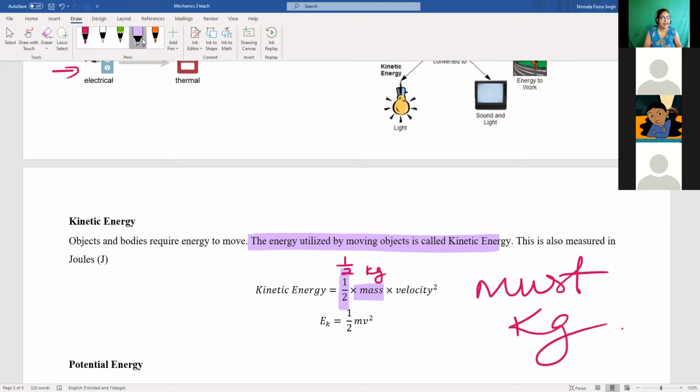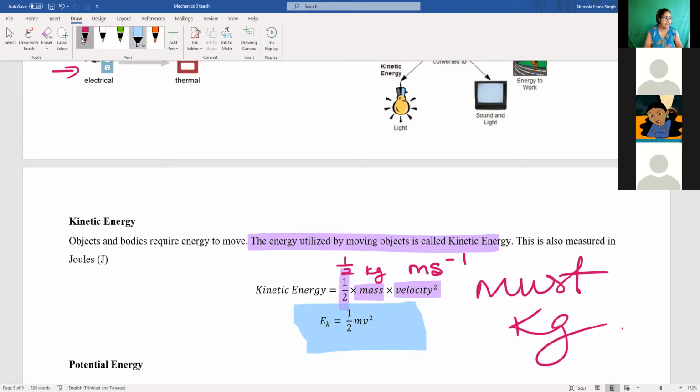Multiplied by the velocity squared. So whatever our velocity is in meters per second, we square that value. So our formula is E_K, being kinetic energy, is equal to half mv squared. So it's a half multiplied by mass multiplied by v squared.